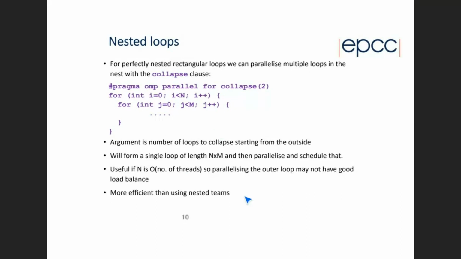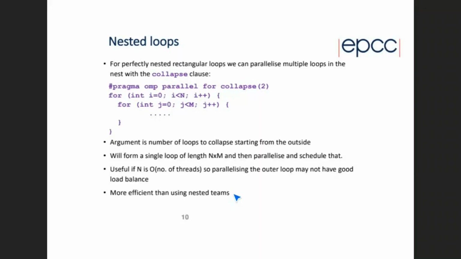Okay, so you could implement this using nested parallel fors, and then have to control the number of threads at each level and so on. But that involves a whole bunch of overhead to do with creating those extra teams of threads and the barrier synchronization at the end, and so on.